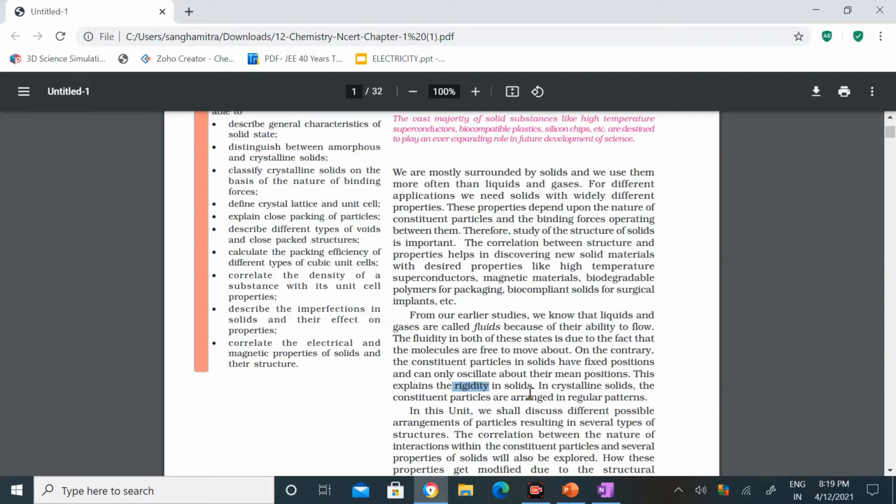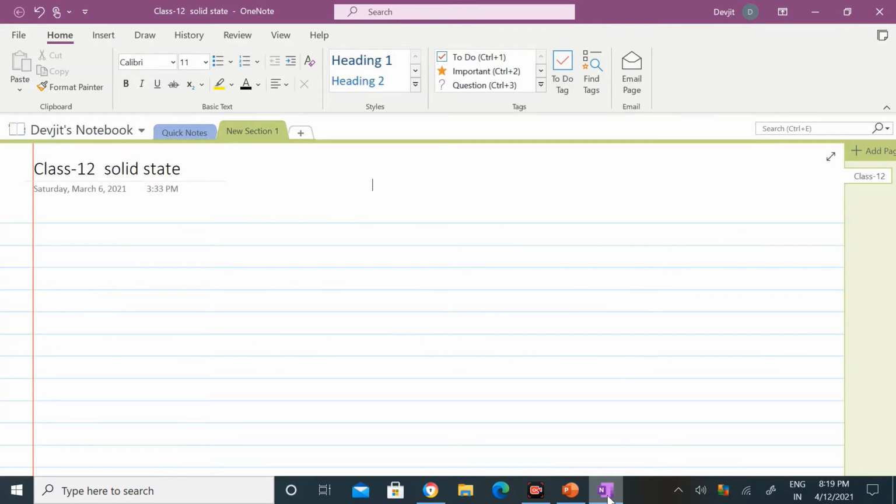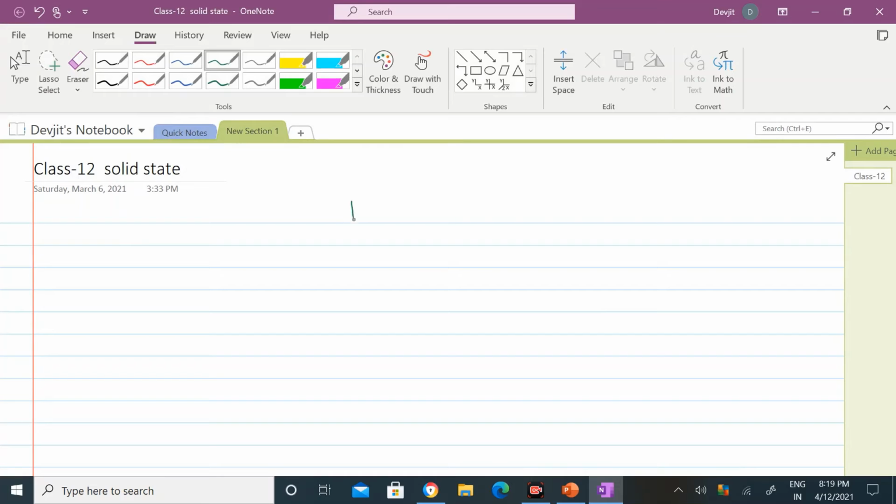Now, solid has a further two-fold classification. One is crystalline and another is amorphous. Let me write it. What we first learned was about matter. Then we learned that matter exhibits three different states. Matter is available in our surroundings in three different states: solid, liquid, and gas.